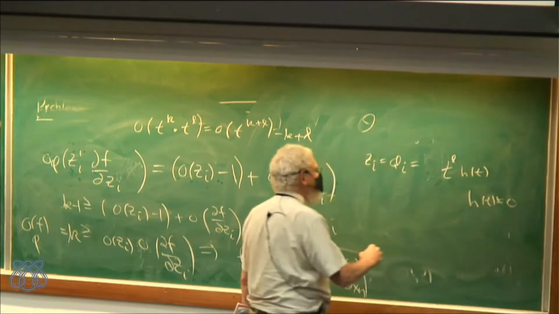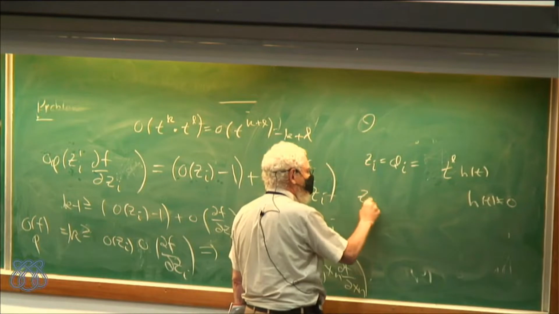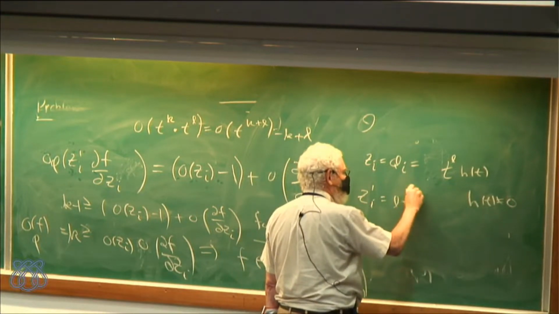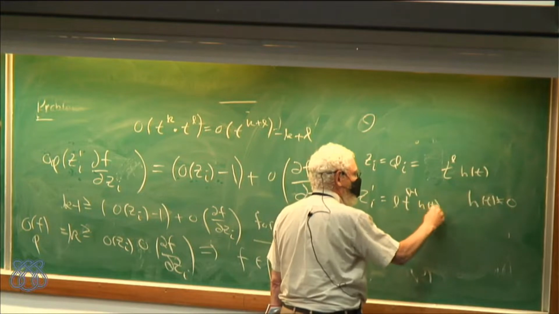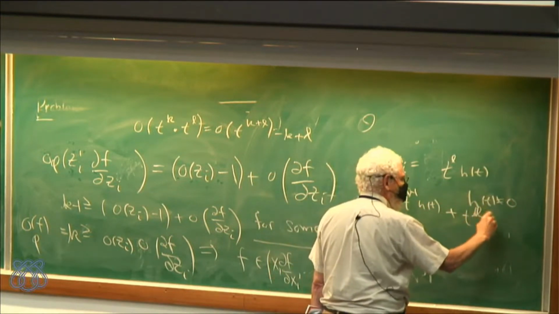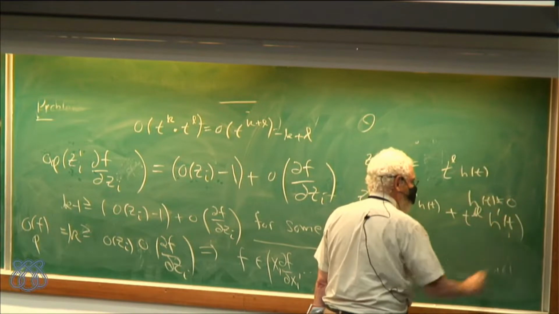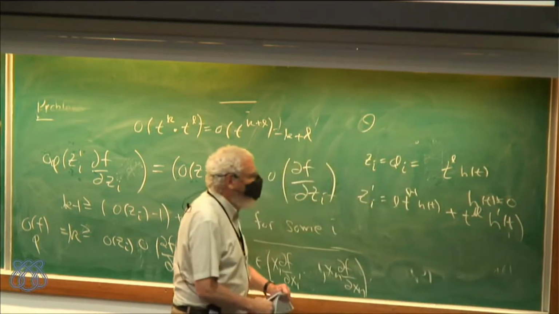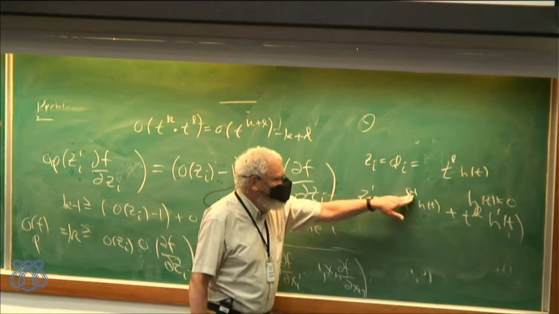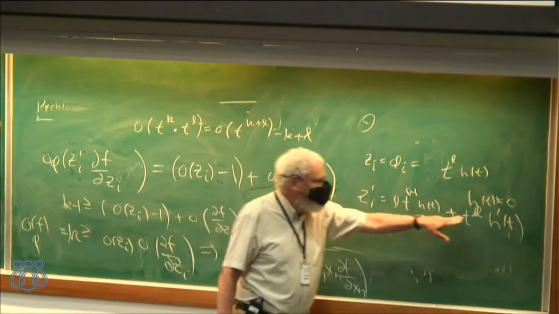Now if I take the derivative with respect to t, I have L times t^(L-1) times a unit plus t^L times h prime of t. Okay, so this is a unit, and so this is the lowest order term. It's certainly less than t^L.